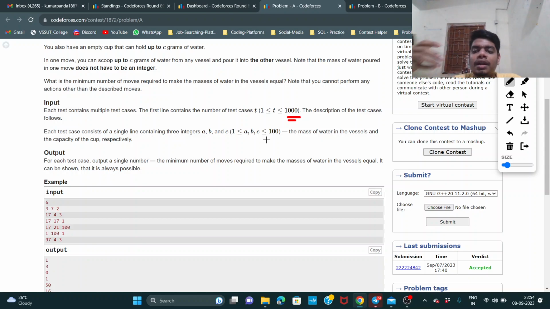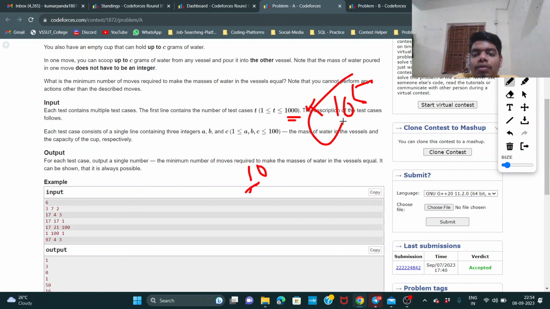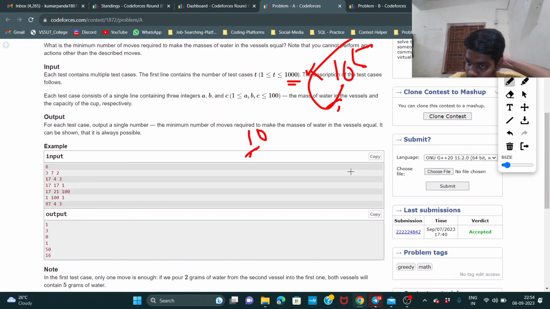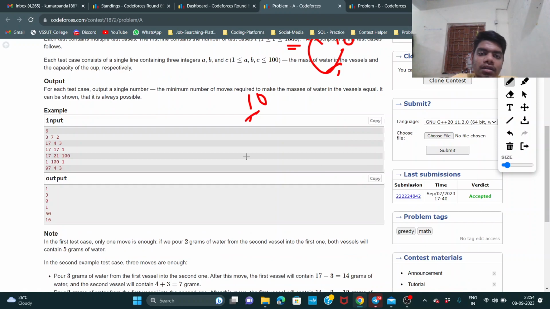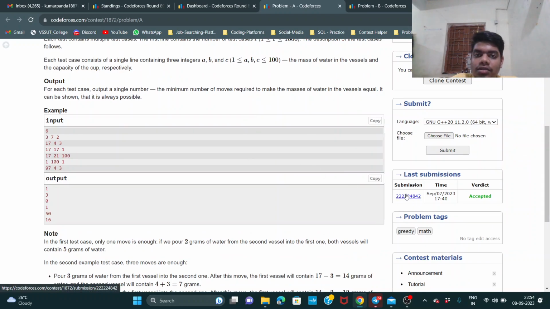At most, if we make 100 moves, 100 into 10 to the power 3, it runs in 10 to the power 5, right? So let's take another example. If you want to see the solution, I can show that as well.